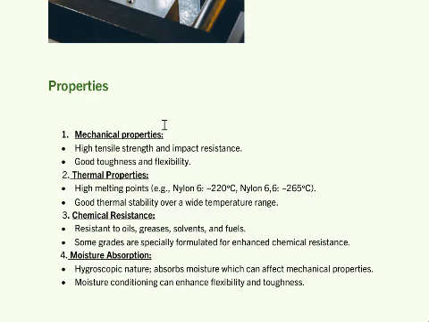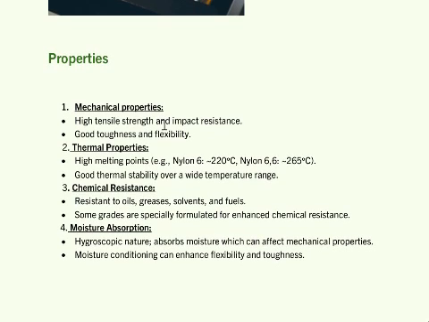High tensile strength, impact resistance, good toughness, and flexibility. The flexibility allows it to bend, stretch, and convert to different shapes without breaking, while the tensile strength makes it able to be molded in any form or shape required.